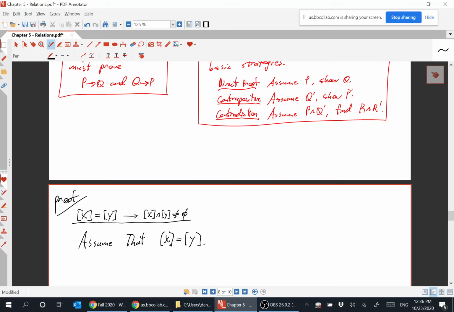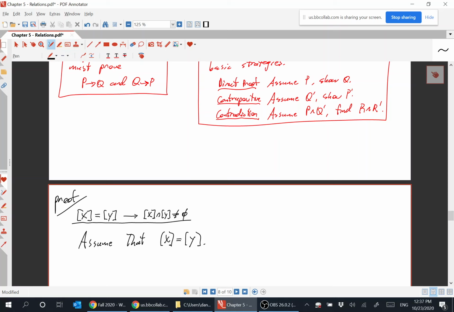If two sets are equal, does that mean their intersection is non-empty? Your intuition would be telling you, well, yeah, sure, of course, except in one case: if the two sets that are equal are empty themselves. As long as the two sets are not themselves empty, then yeah, of course.